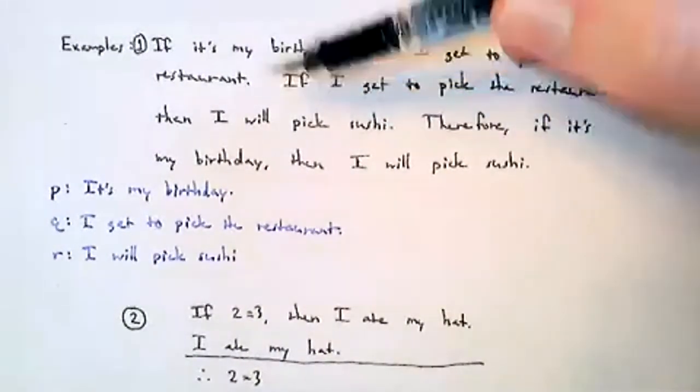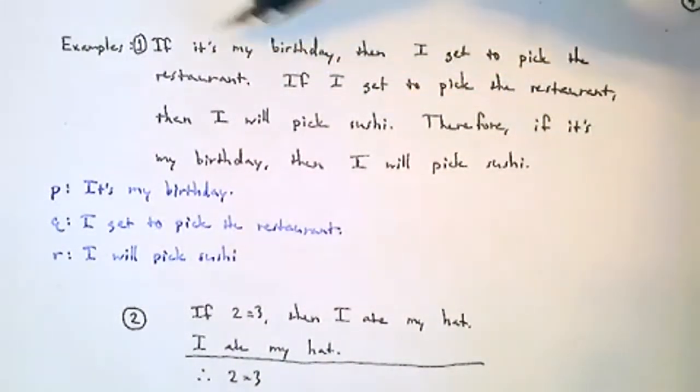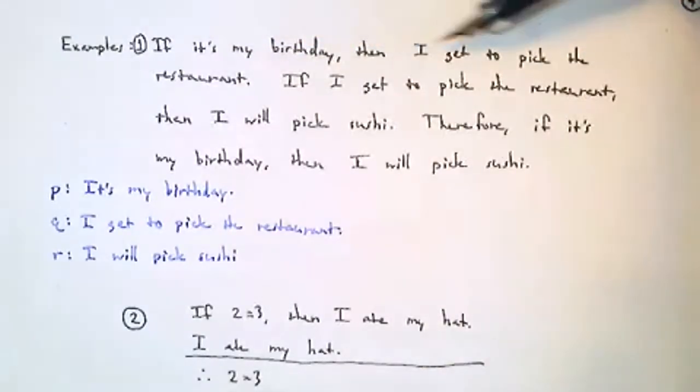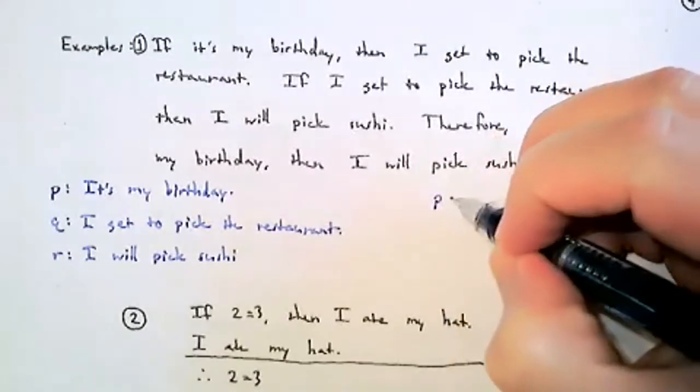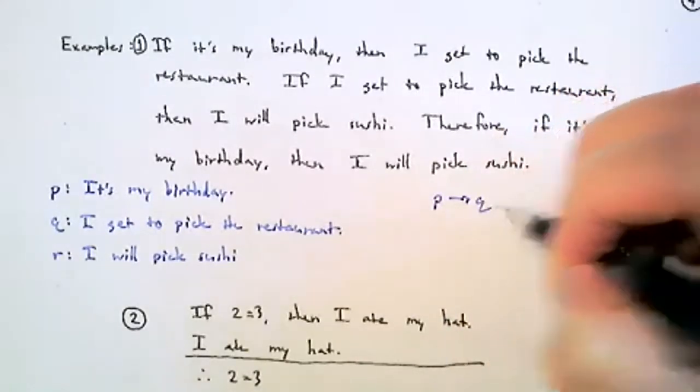So the structure here is, if P, then Q. So if it's my birthday, then I get to pick the restaurant. Symbolically, that's this conditional statement.